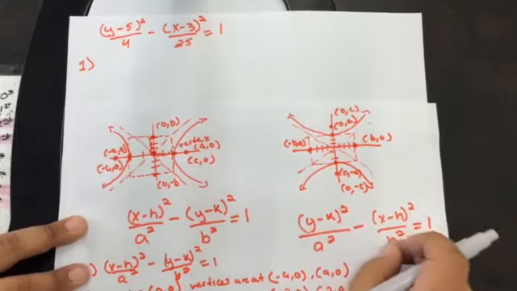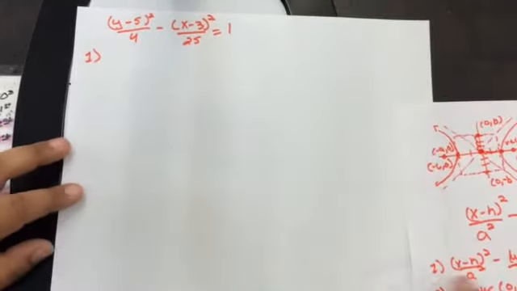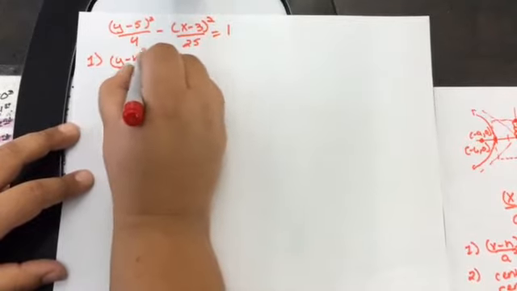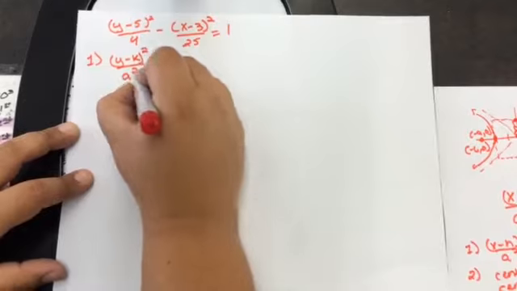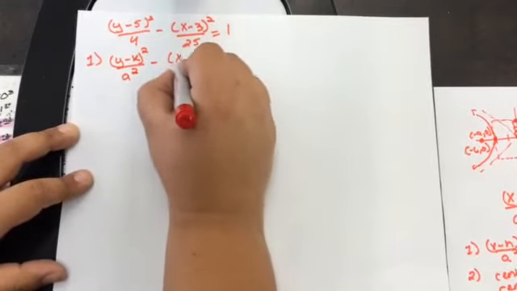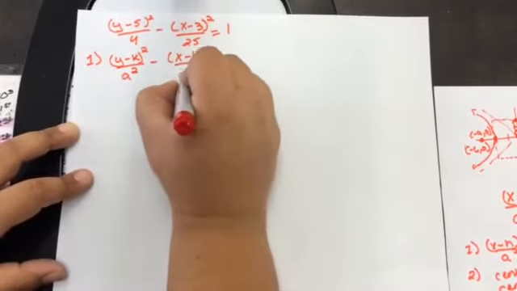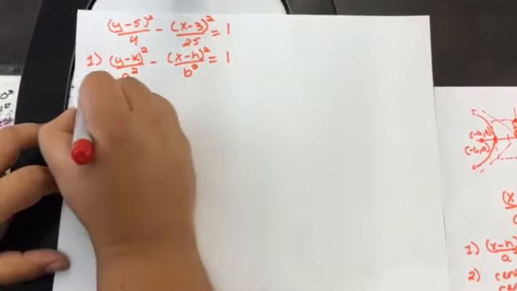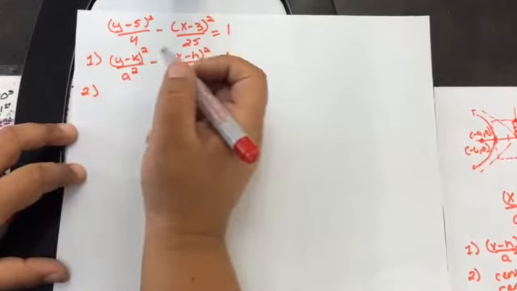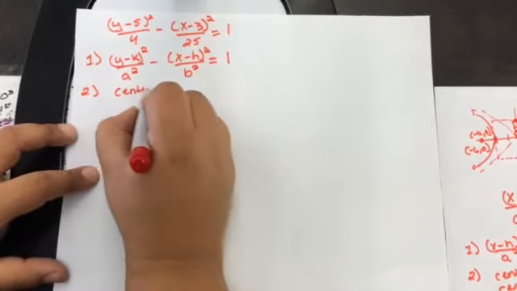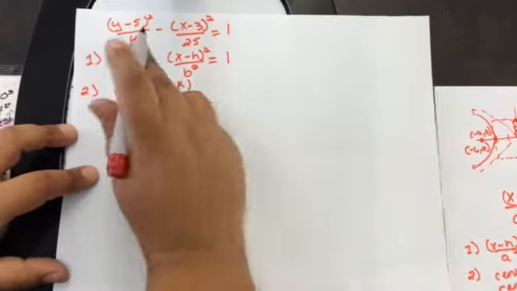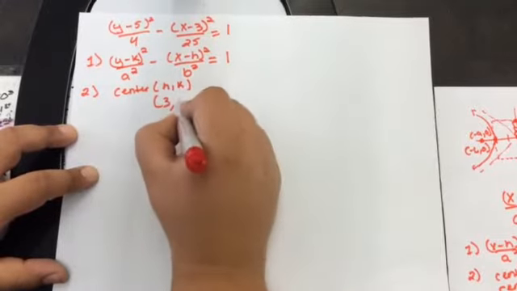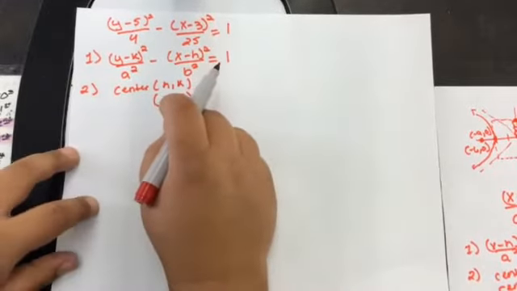So it's going to be vertical. So the standard equation is (y - k) squared over a squared minus (x - h) squared over b squared equals 1. So we need to identify the center and the vertices. The center is at h and k. Our h is 3 and our k is 5. So our center is at 3 and 5.